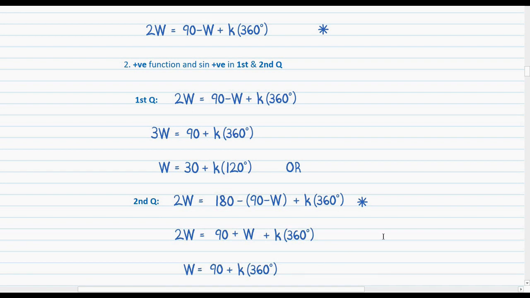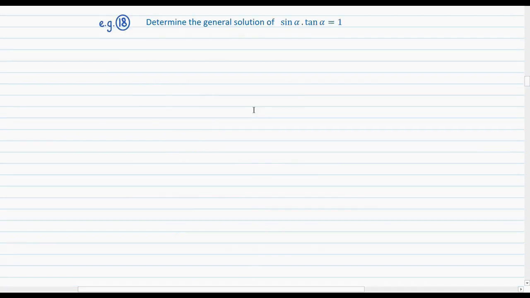So this whole process is probably still a bit confusing, so we can look at another example. Determine the general solution of sine alpha times tan alpha is equal to 1. Clearly this needs to be rewritten a bit to turn it into a form that we can solve.